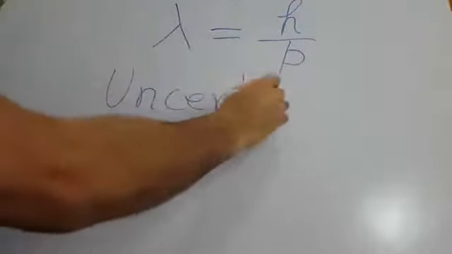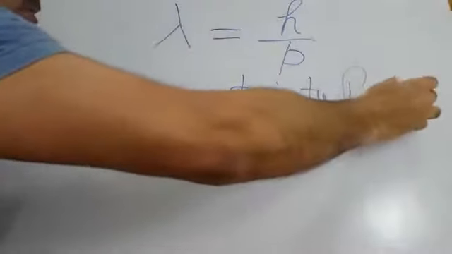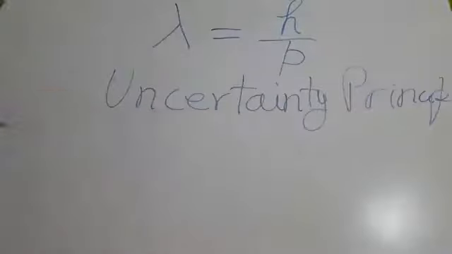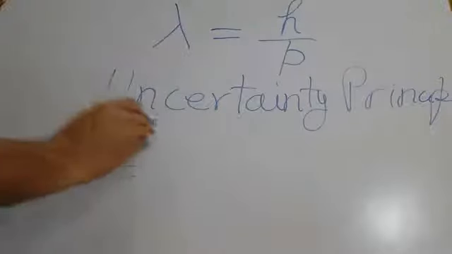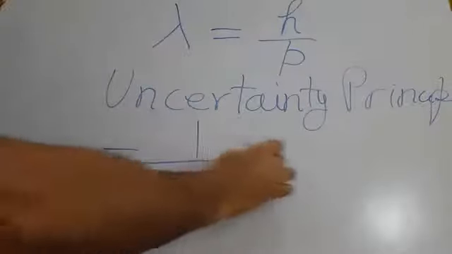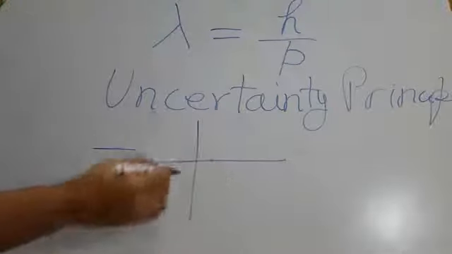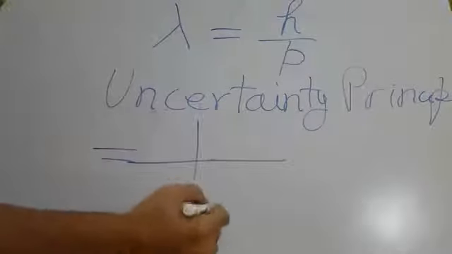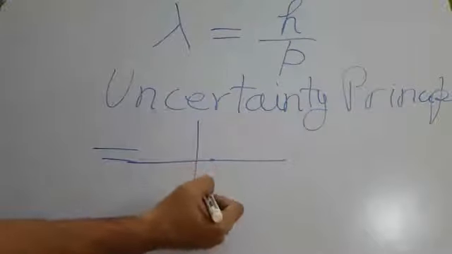Uncertainty principle. This principle was given by Heisenberg. That is why it is called Heisenberg uncertainty principle. According to this principle, suppose there is a particle here. When it moves along the x-axis, then we cannot exactly calculate its position x.